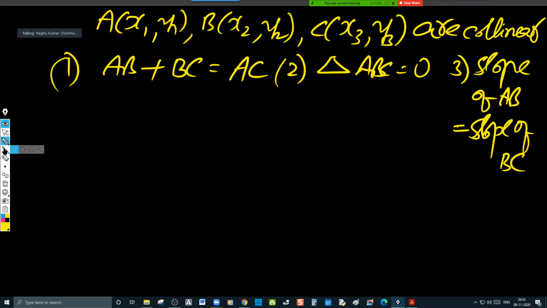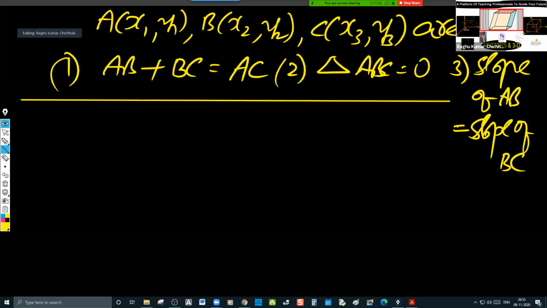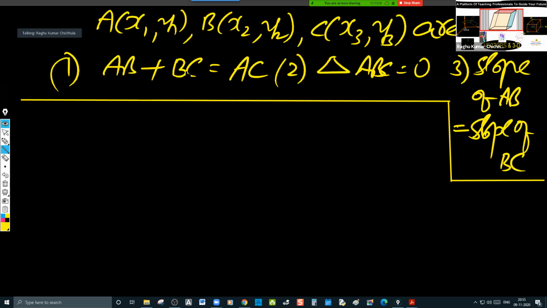But in case of three-dimensional geometry, how do we decide it? Generally, the students get confused, and up to this it is okay because you have learned a little in your lower classes, in your 10th class, 9th class itself.